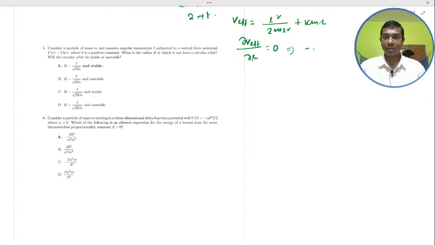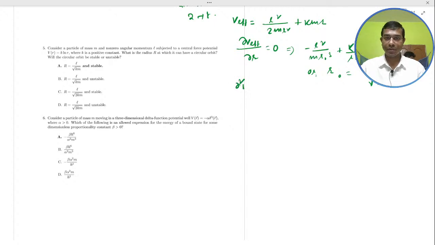That means minus L square by m r naught cube plus k by r naught is equal to 0. That means r naught is L by square root of km.